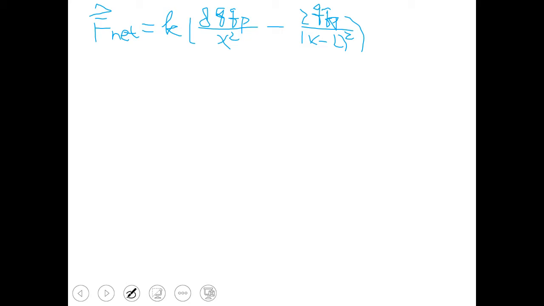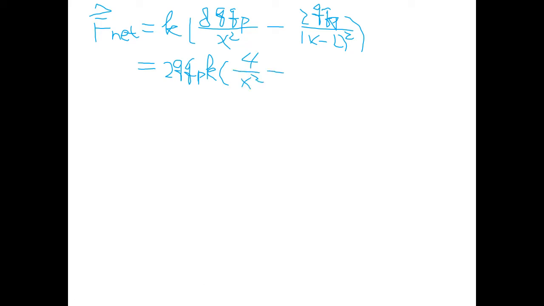So we can simply factor out 2QQp k. The remaining term will be 4 over x squared minus 1 over (x minus L) squared.